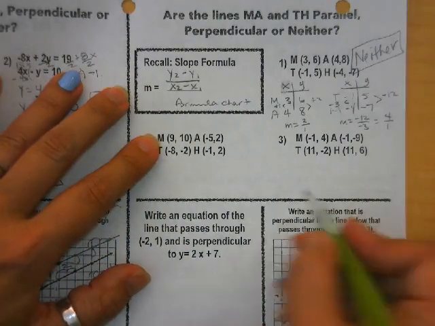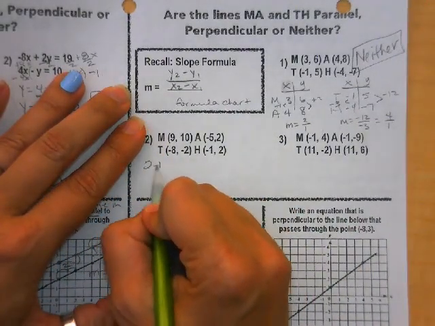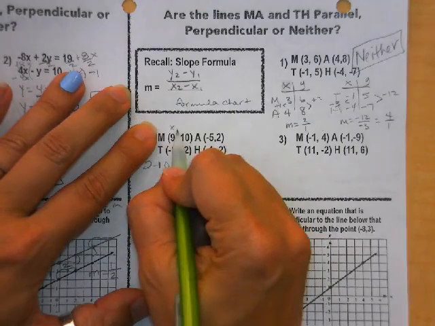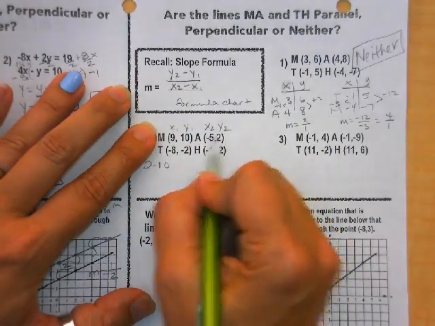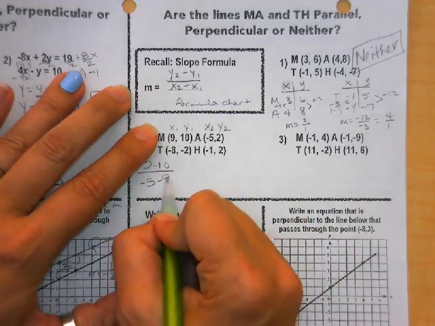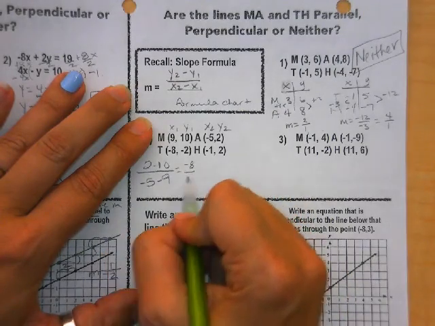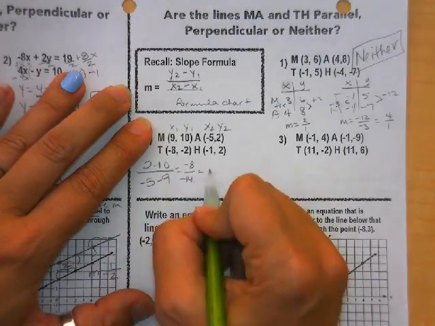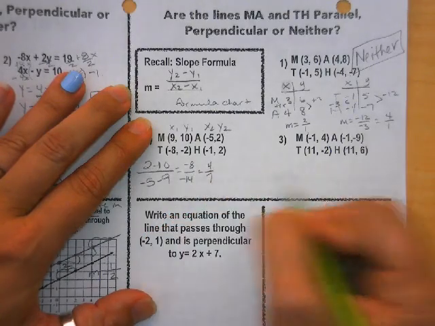Here you can use your point slope formula. We can say 2 minus 10, right? Because that is y2 minus y1 over x2, -5 minus 9. So for those of you who like the formula, -8 over -14 simplifies by 2, so positive 4 over 7.